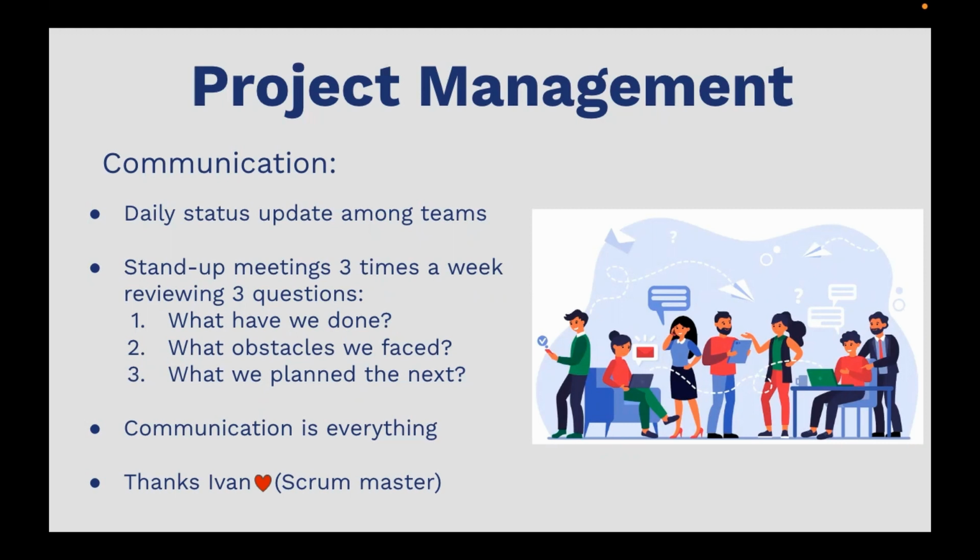The first one was what we have done until the specific time, what obstacles we faced, and what we planned next. During this communication, all the team members had the chance to find out about the solution of a specific issue or obstacle, or a task in common. It helped a lot to be updated every day and to increase the pace of the project. Again, thanks Ivan for helping us.